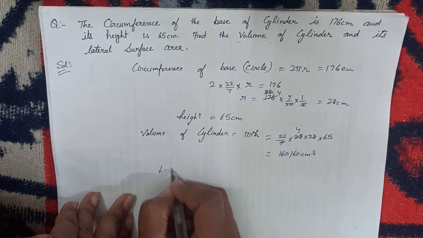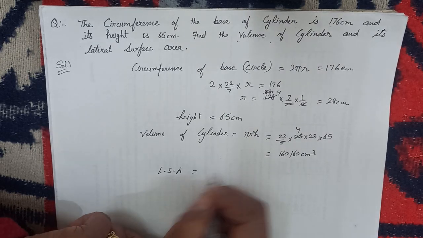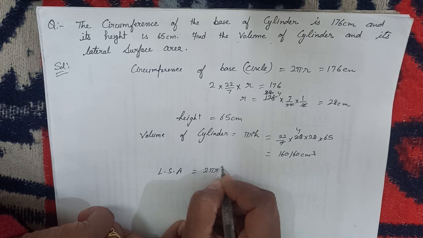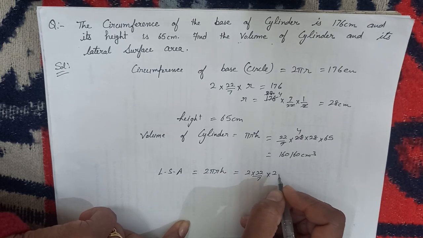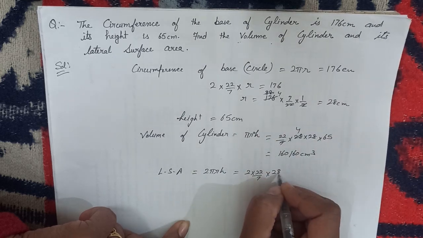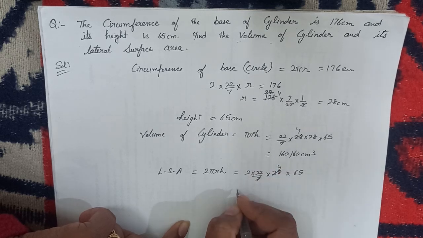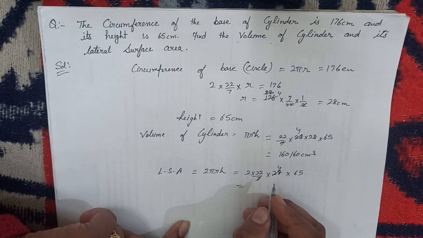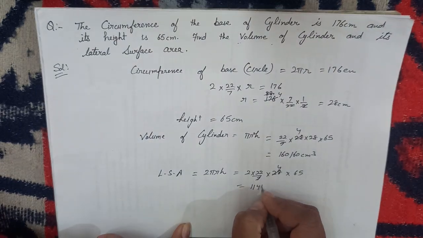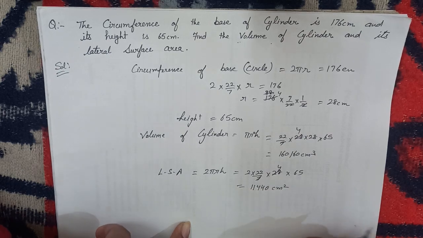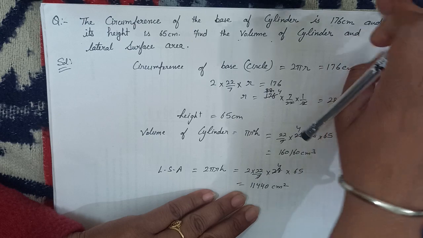Same as we can find the lateral surface area, which we call the curved surface area also, and that will be done by 2 pi r h. 2 pi r h means 22 by 7, r is 28, and height is given, 65. Now when we multiply all these, then we will get the answer. So this is how we will solve our problems. Now come to the next question.